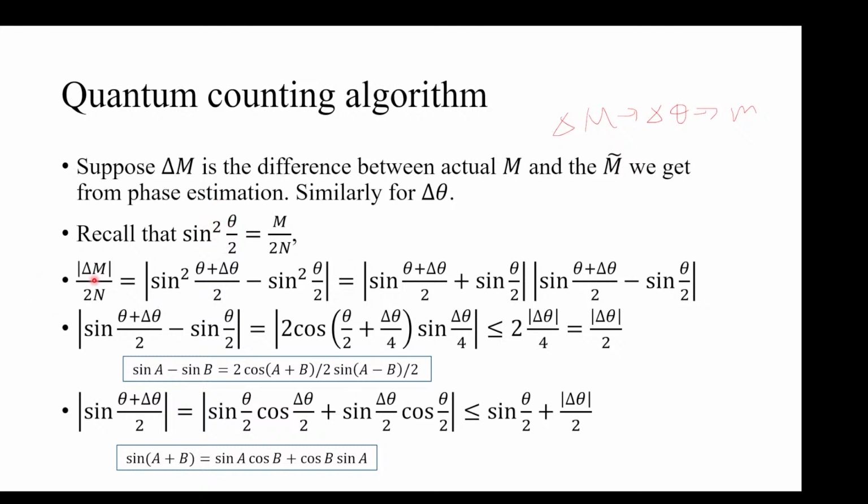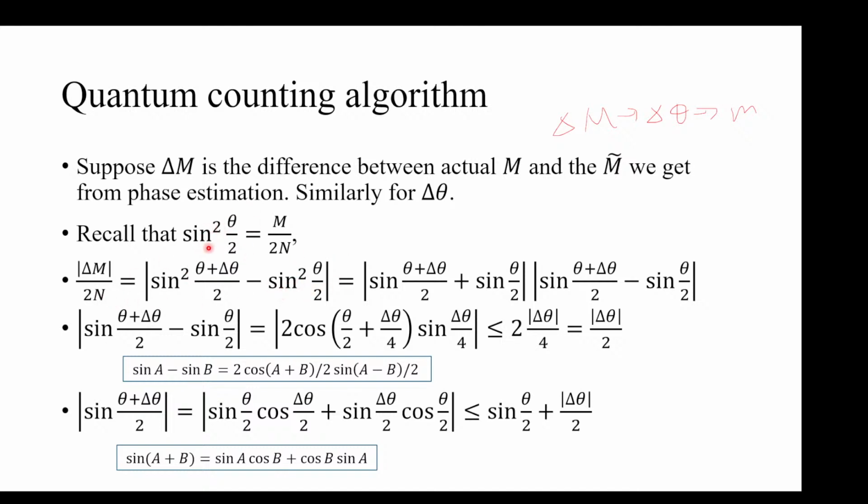Because the only thing that can give a difference is theta here, you can have theta having a difference here, and m having a difference here. So here delta m is m tilde minus m, and on the left hand side you also have the term with theta tilde minus the term with theta.